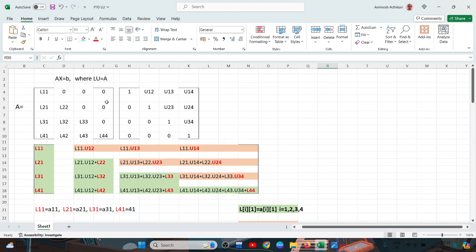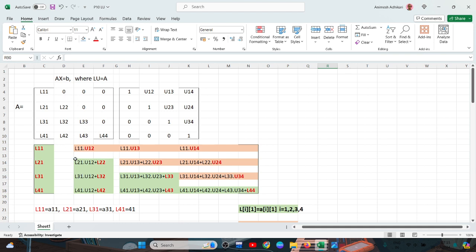When you multiply the matrices, row by column, the first row and first column give the L11 element, equal to the element a11 of the coefficient matrix A, which has a11, a12, a13, a14, a21, a22, a23, a24, and so on.